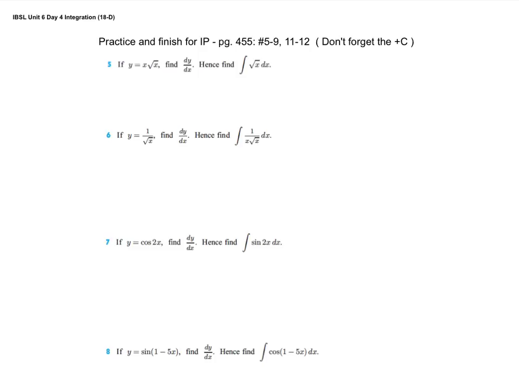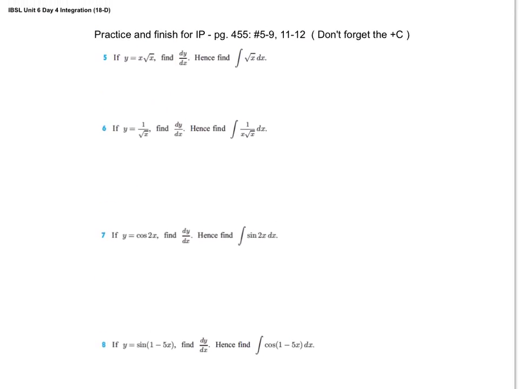If not, then use the derivative. But down here, 7, 8, and the others on the next page, you'll need to use the derivative to help you figure out what the integral would be. So let's use this time and practice some.